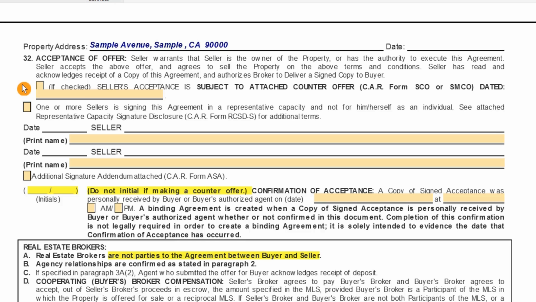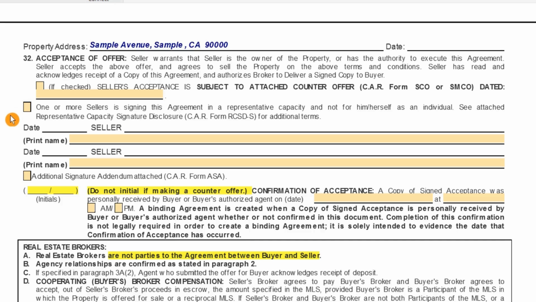But if this is checked, then there are going to be additional forms that have counters to the offer that they are giving back to you to say, okay, I'll accept it, but you need to agree to these terms as well.